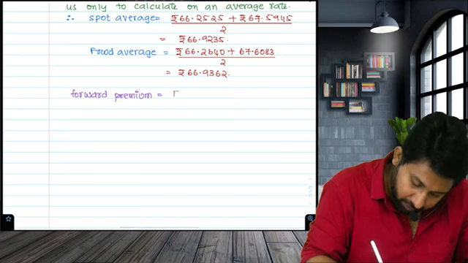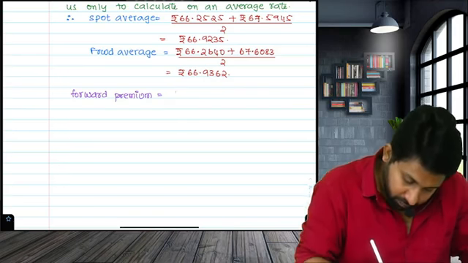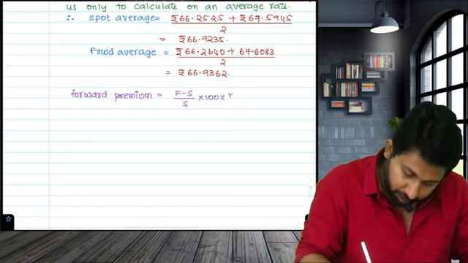Forward premium equal to (F minus S) by S into 100 into N by 12.